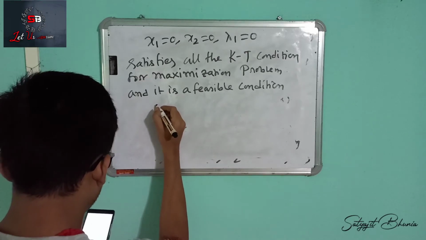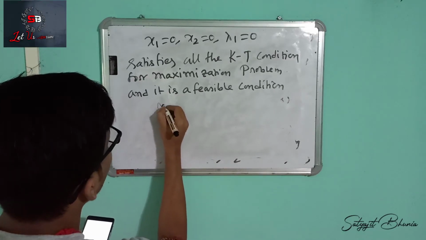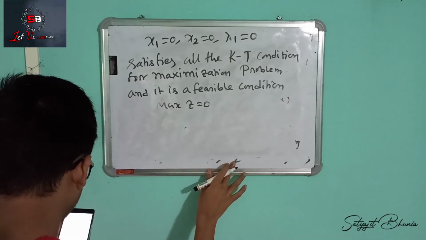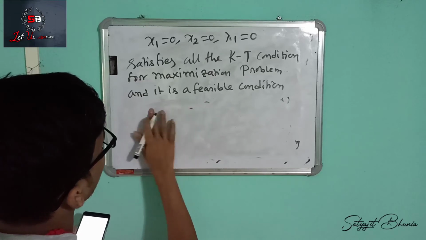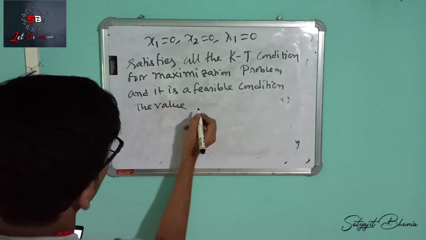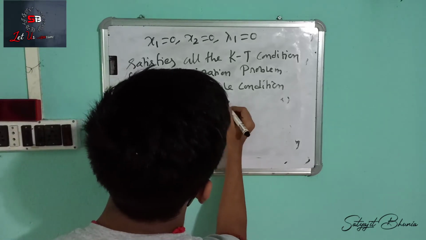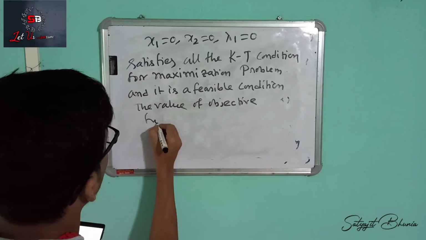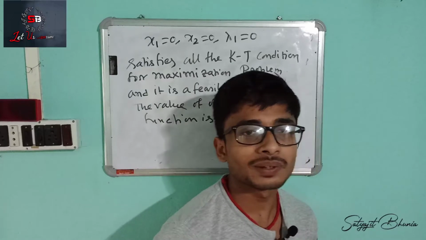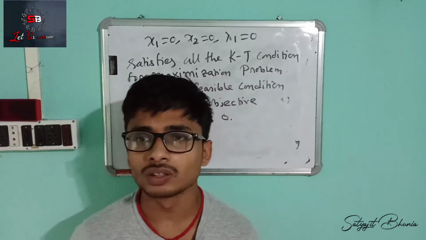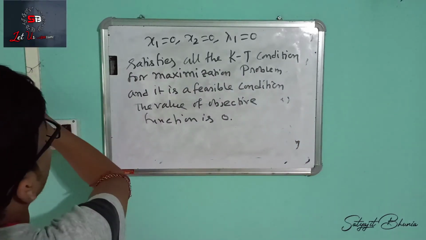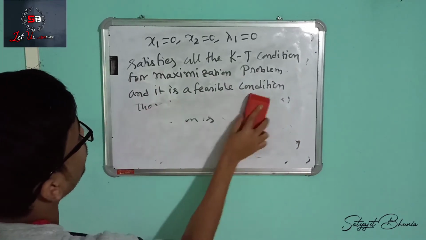Therefore in this case max z is equal to 0. The value of the objective function is 0 in this case. Whether it is maximum or not, we will see later. Now case 2.